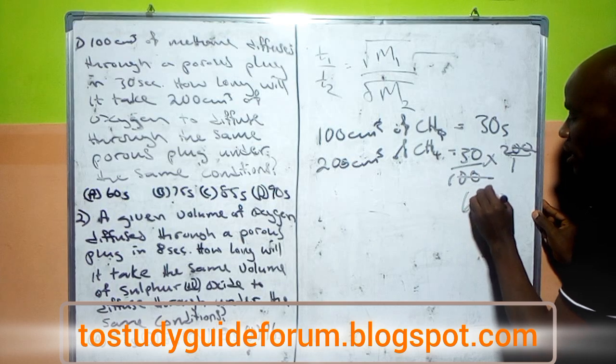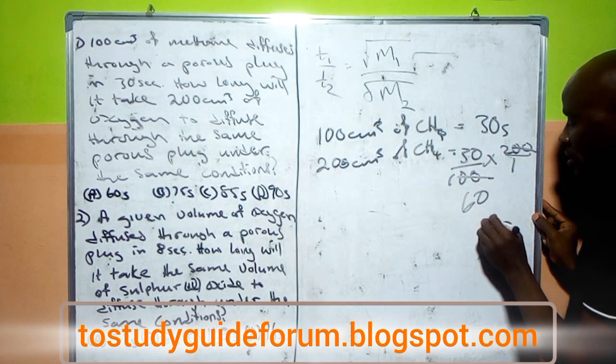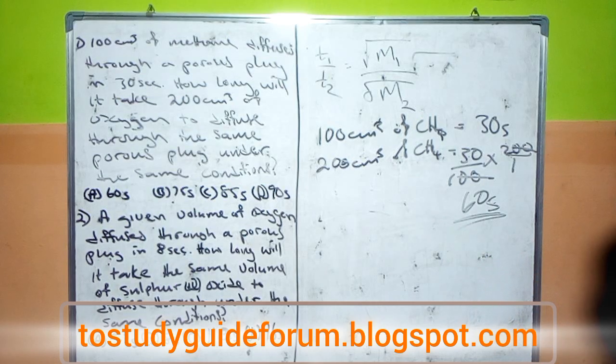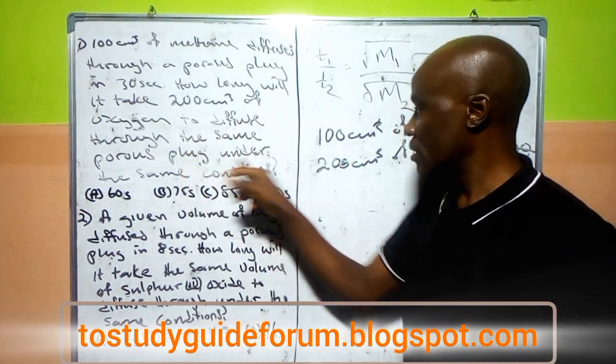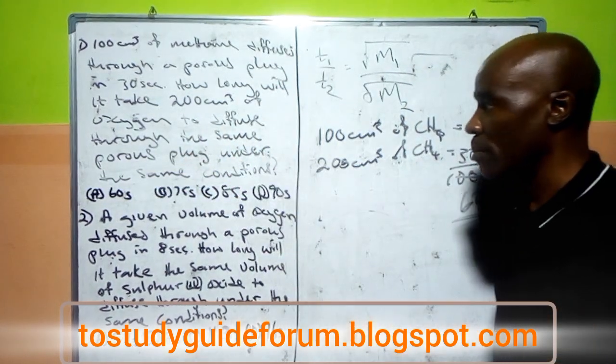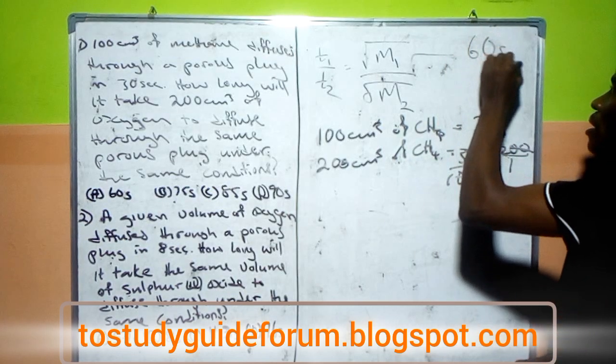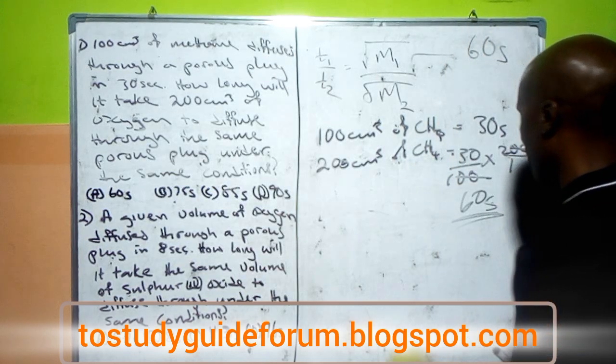So 2 times 30 will give us 60 seconds. That is, an equal volume of methane will take 60 seconds to pass through the same porous plug. Now we have the 60 seconds standing by for us.